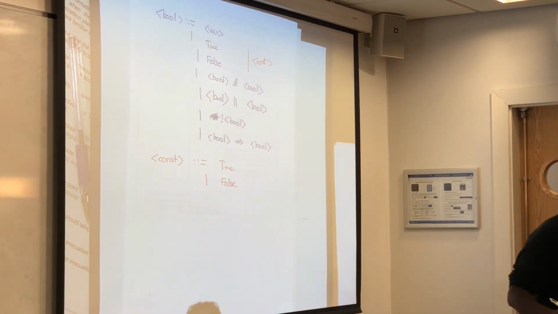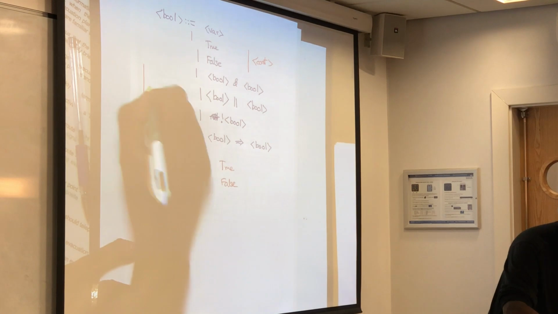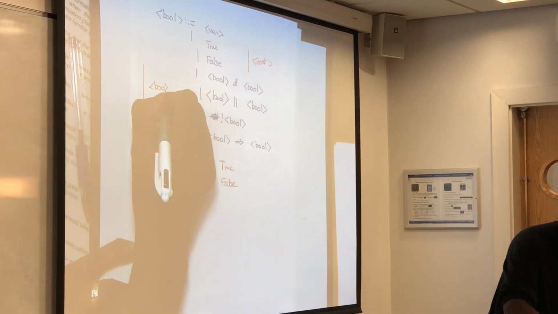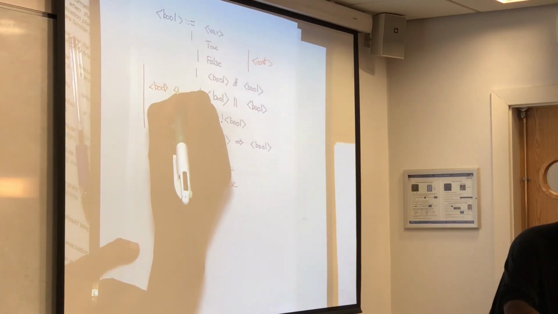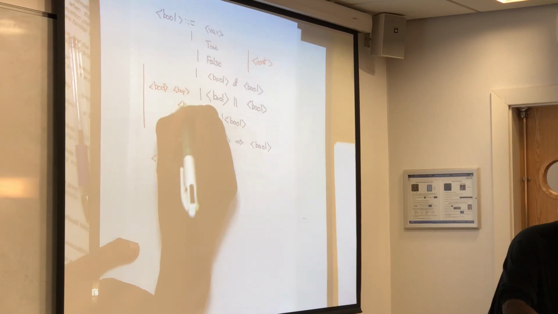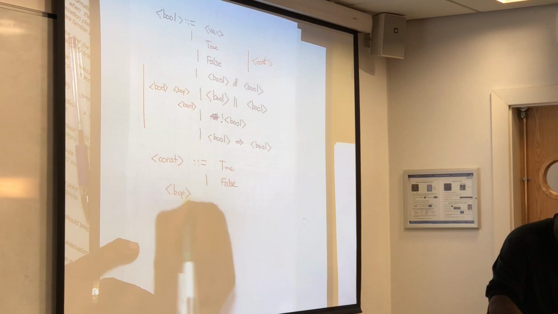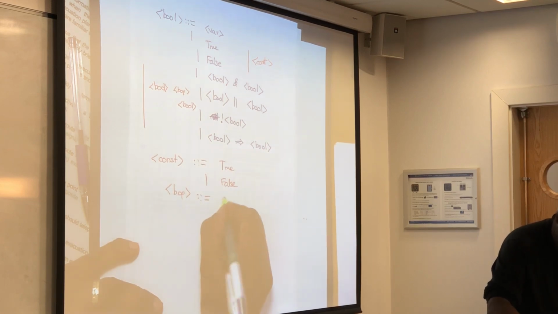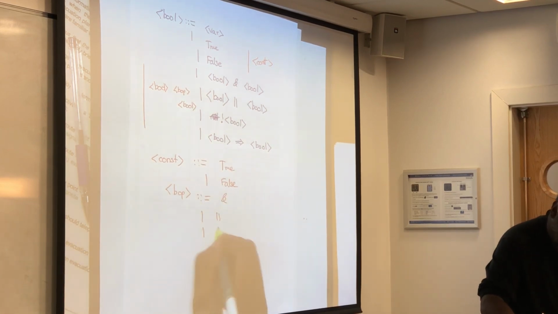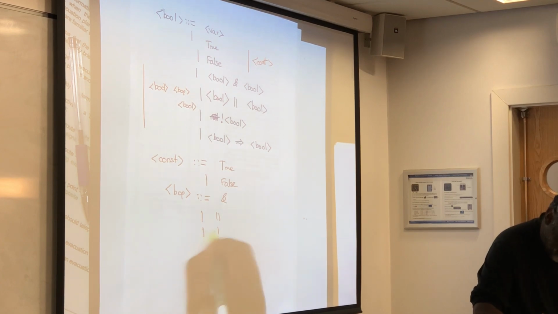Similarly here, another alternative would have been just to write bool, and then a Boolean operator, and then a Boolean. And then I have to write a Boolean operator, it's either and or, or your not. I can't do not like that, can I? Implies.